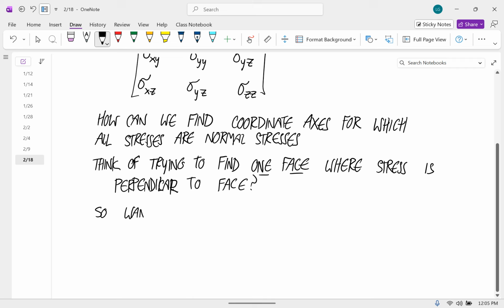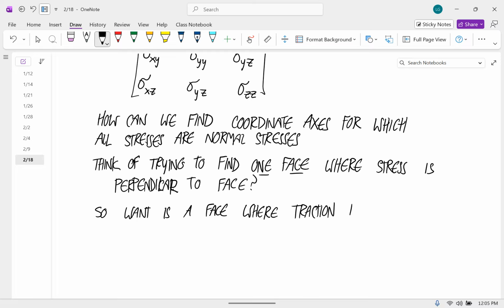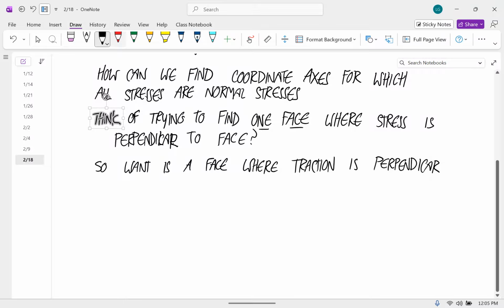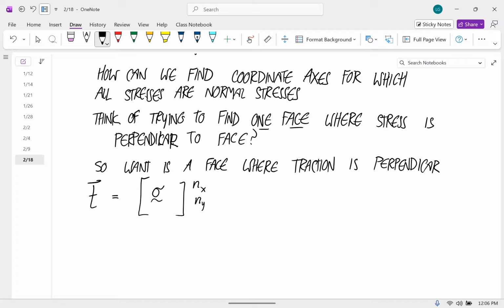So what we want to find is a face where the traction is perpendicular. And remember how we found tractions? Remember that the traction was equal to the stress tensor times some nx, ny, and nz.